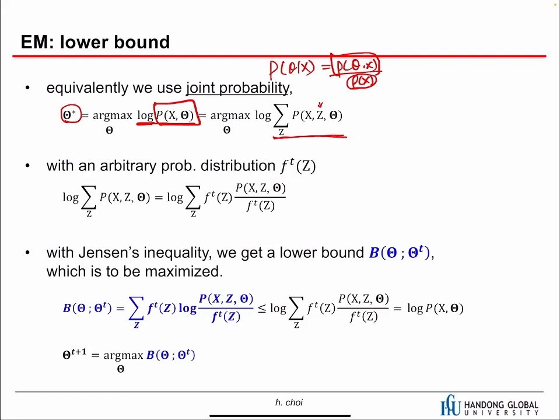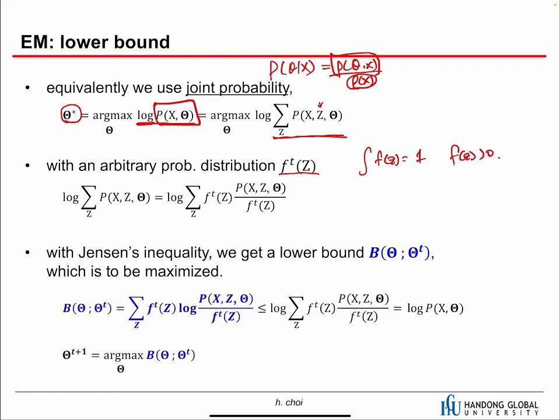And with an arbitrary probability distribution f_t of z, let's say there is a probability distribution f_t of z. For now, we don't know what it is, but it is a probability distribution, which means it should sum to 1 and f should be positive.